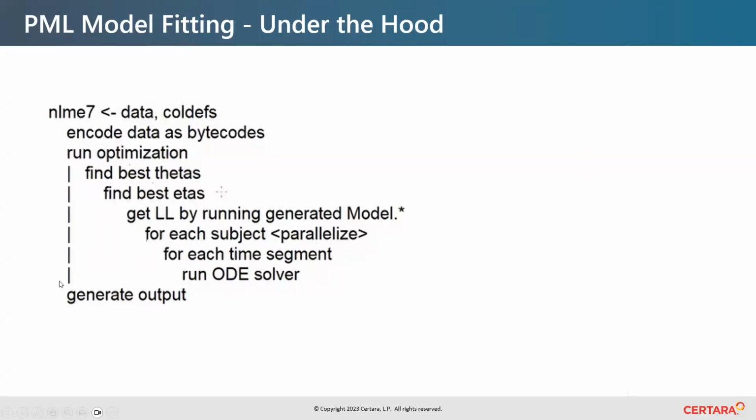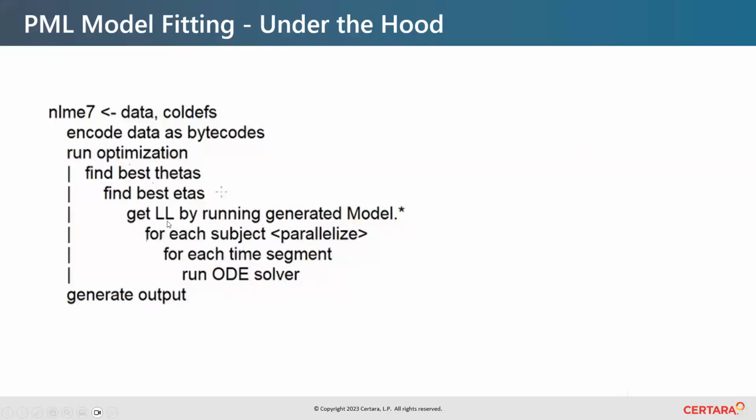So for the optimization itself, Bob Leary wrote a bunch of fitting algorithms of various properties, but they all kind of work the same way. The outer loop is you've got to find the best fixed effects, the thetas. And at a particular choice of thetas, you've got to find the best etas for each subject. In order to find the best etas for a subject, you have to get the log likelihood for that subject by running the model.